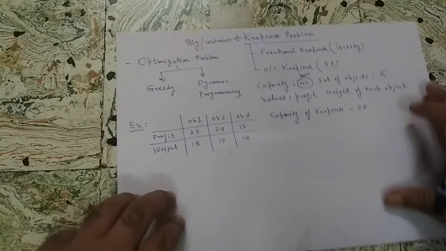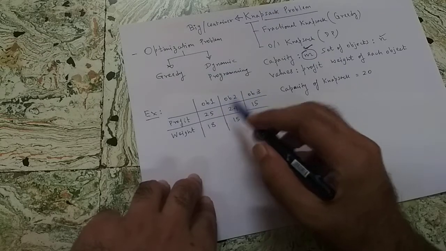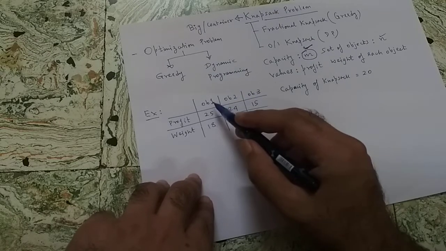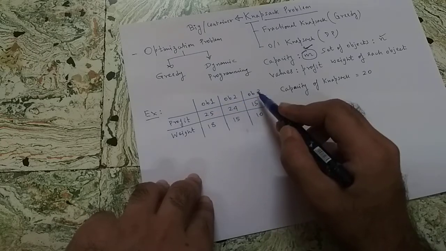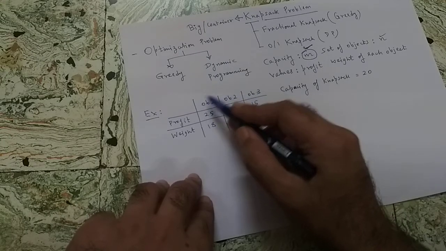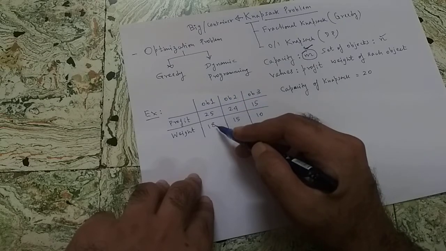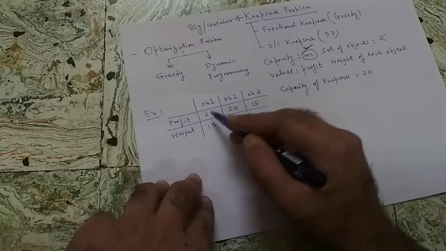Let's look at this example. So we have been given 3 objects, right? OB1, OB2 and OB3. For each object, we have been given the profit and the weight. So we have one instance each of OB1, OB2 and OB3. The single instance of OB1 weighs 18 units and has a profit of 25 units.